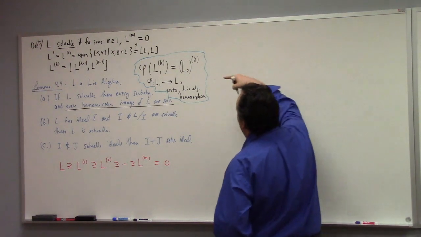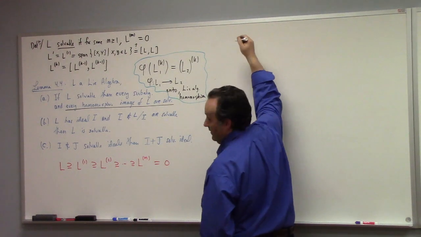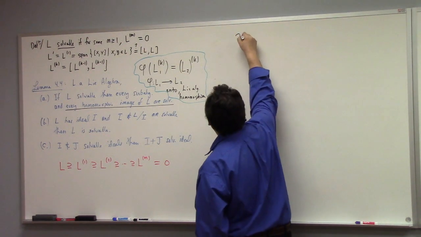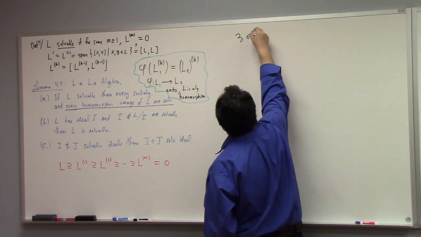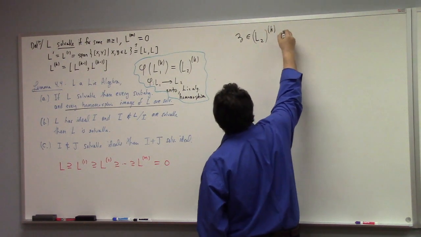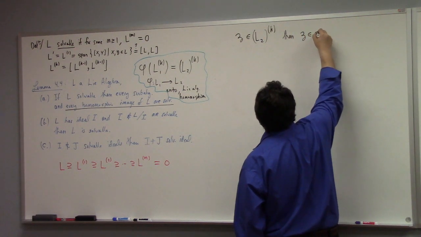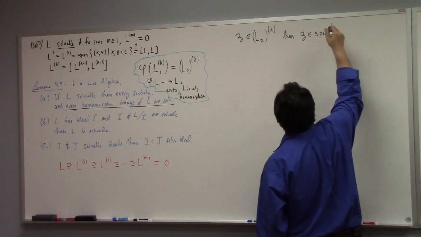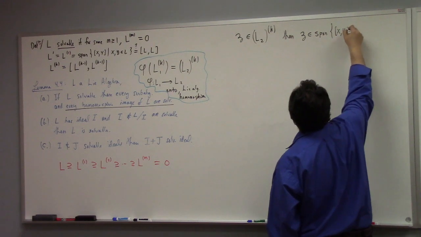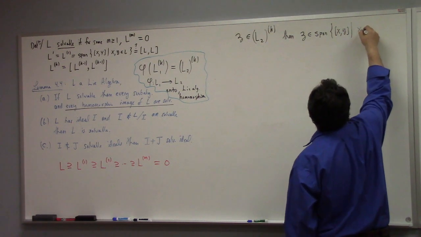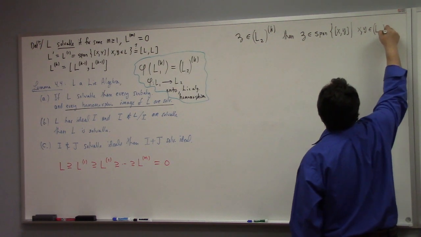All right, so to prove this, let's just try to prove half of it, okay? If Z is an element of L2K, right? What's that mean? Then Z is an element of the span of, let's say, x comma y, such that x and y are elements of L2K minus 1, right?